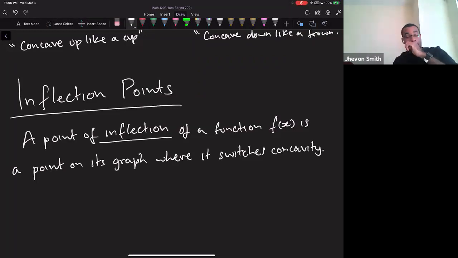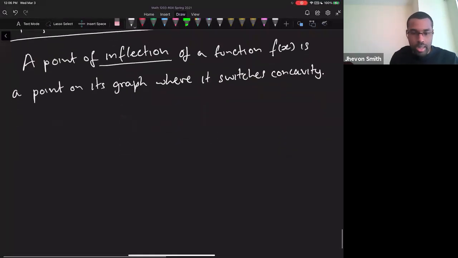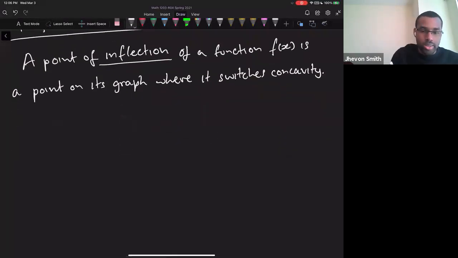Okay, so if you can identify a point on your function where it was concave up before, but then it went through this point and now it's concave down, or vice versa, was concave down before, went through this point, now it's concave up, you say you've gone through an inflection, right? So you can have various scenarios. So you can have something like that, or you can have something like that.